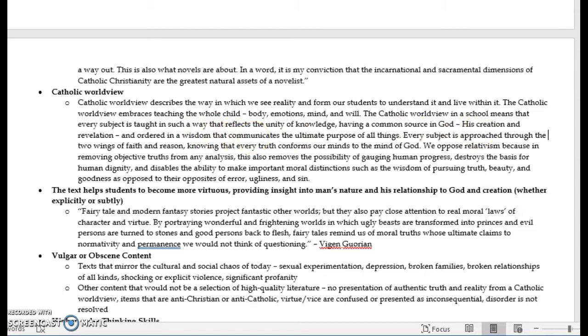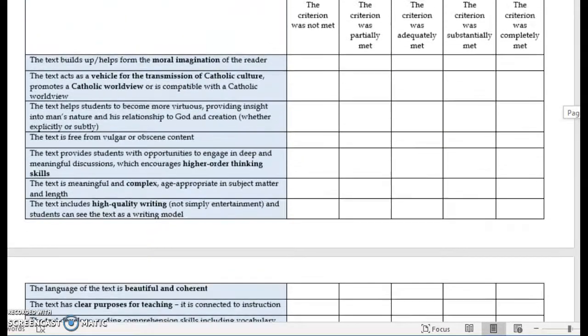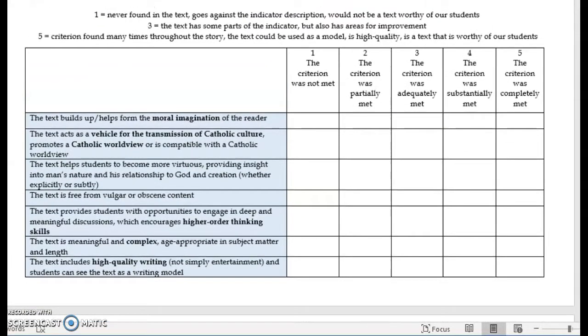So we are looking for texts that directly bring out the Catholic worldview. As you're evaluating text, then you would select for this indicator 1, 2, 3, 4, or 5.